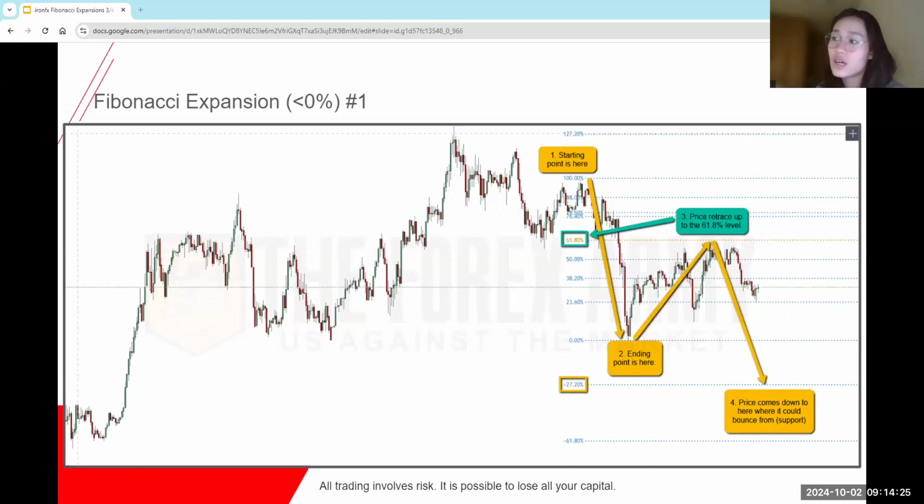And we're expecting price to come down all the way to this minus 27.2 level, where it could bounce from this support level. Quite often we will use Fibonacci expansions, this technique, with our retracement, as you can see here with price retracing the 61.8 level.